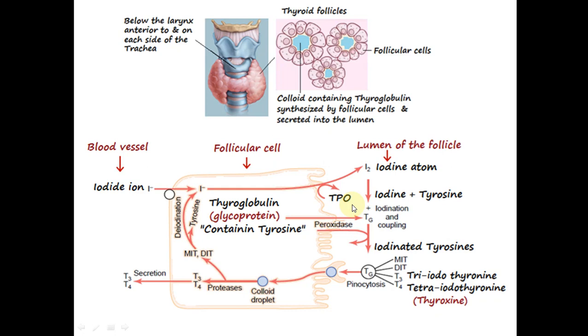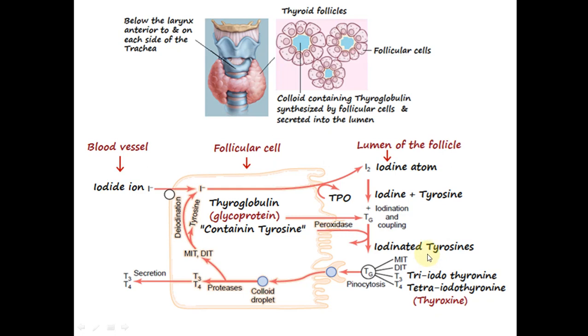If the tyrosine amino acid binds one iodine, the resulting molecule will be monoiodotyrosine. If it binds two iodine atoms, the resulting molecule will be diiodotyrosine. So initially, the monoiodotyrosine and diiodotyrosines are formed, and the thyroid hormones basically are the iodinated tyrosines.